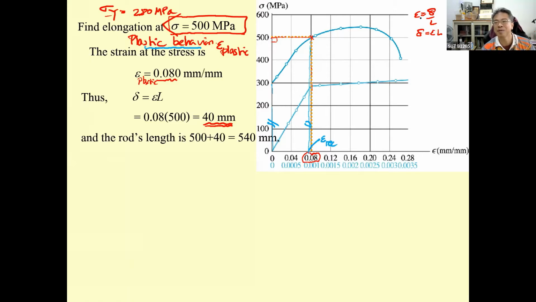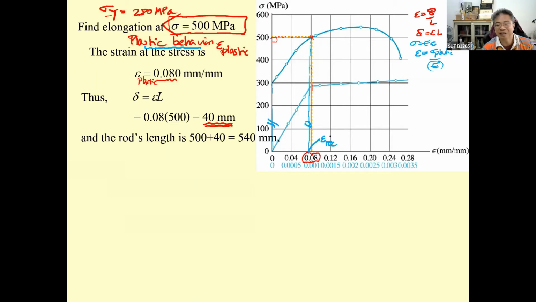The strain recovery should be computed from Hooke's law since it is parallel. So the strain is the stress at the given state divided by E, which is 280 gigapascal. If you compute the modulus of elasticity wrong, this will give you the wrong answer.